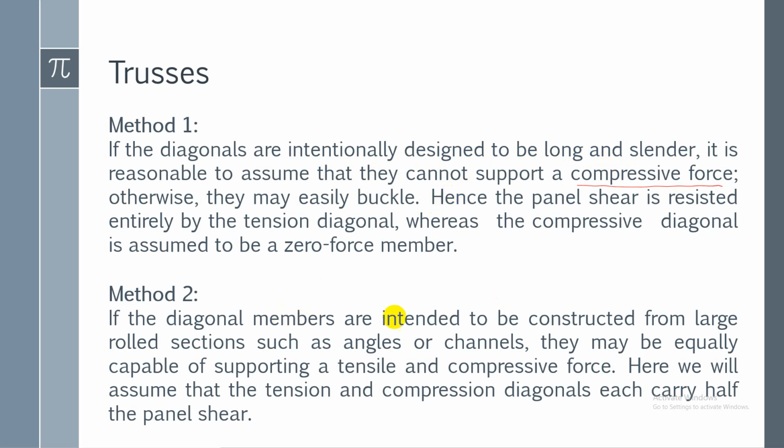If the diagonal members are intended to be constructed from large rolled sections, such as angles or channels, they may be equally capable of supporting a tensile and compressive force. Hence, here we will assume that the tension and compression diagonals each carry half the panel shear force.